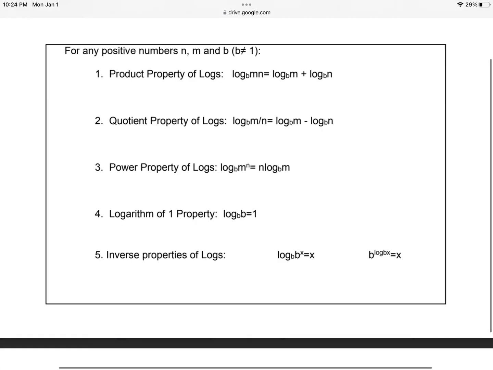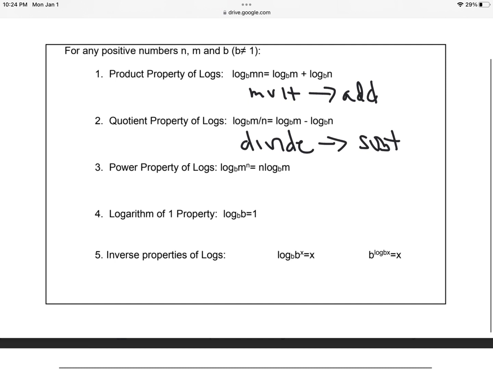So all of these log rules are just coming from our exponent rules. And so if we are multiplying, we're going to split up by adding. If we're dividing, we're going to split it into two logs by subtracting. And then for the power, we would end up using multiplication.